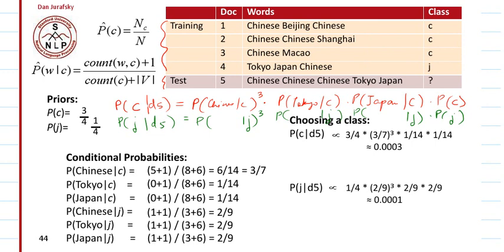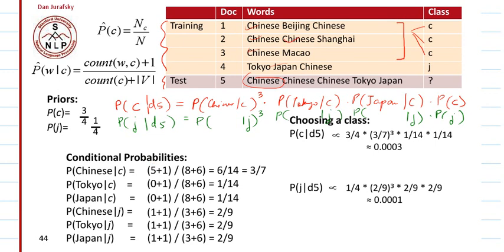So the count of W and C means that given a word W, how many times it is occurring in the training data for that particular given class C. We will only see in these three documents which belong to class C, and count the word W. If the word W is Chinese, we count how many times Chinese occurs in class C documents.